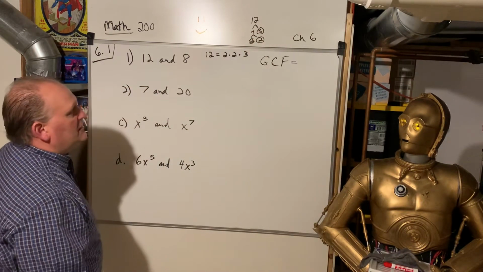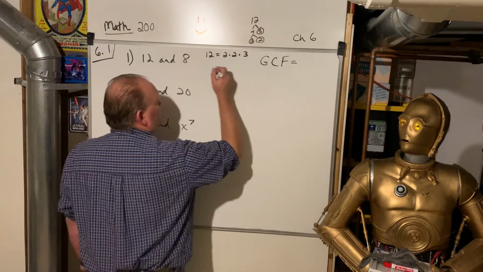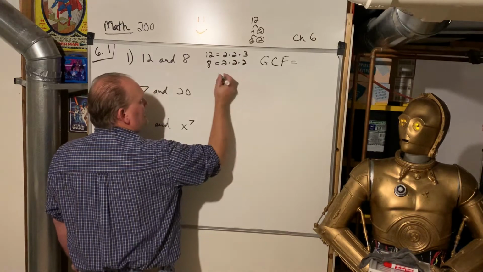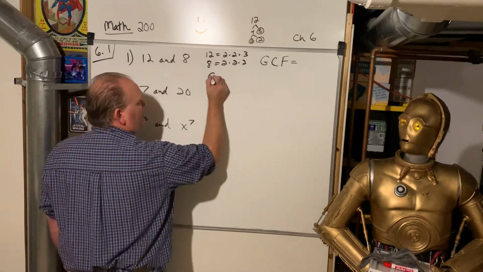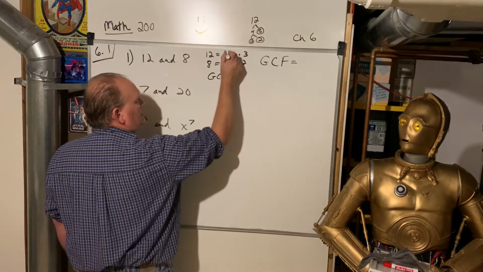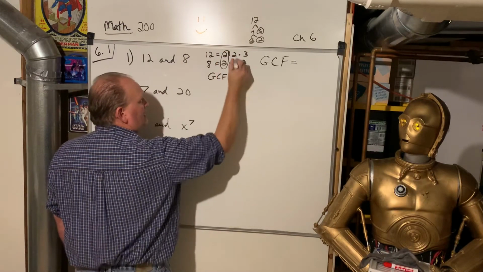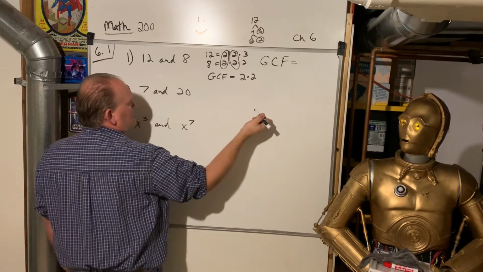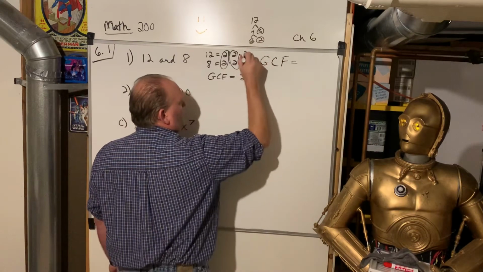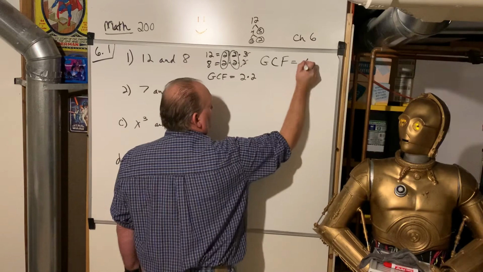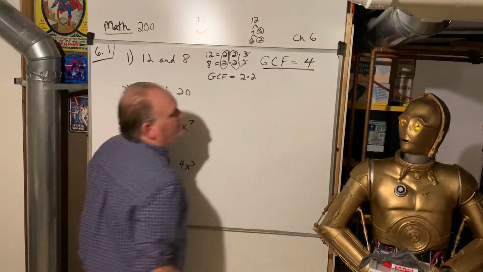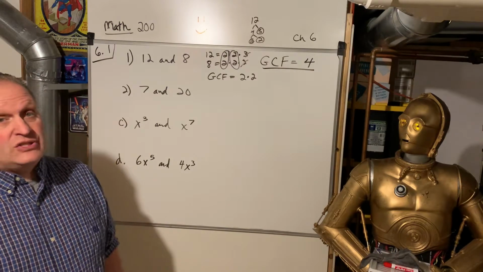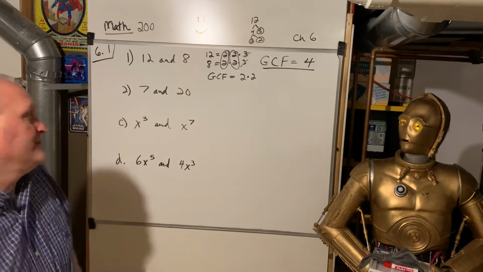So 12 is 2 times 2 times 3. 8 would be 2 times 2 times 2. And then you only take what they have in common. So they have a 2 in common, they have another 2 in common. I can't take the 3 or the 2, that's just throwaway. So the GCF, the greatest common factor, is 4. The largest thing that goes into 12 that also goes into 8 is 4.